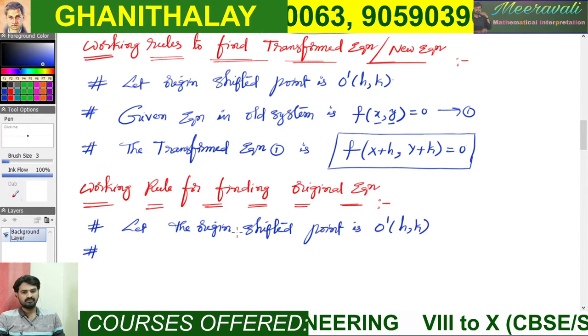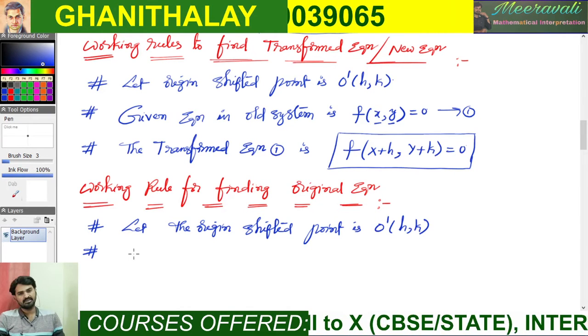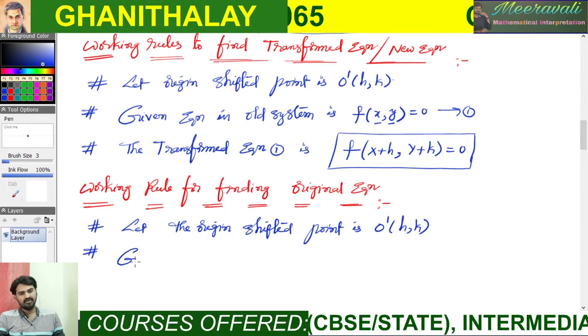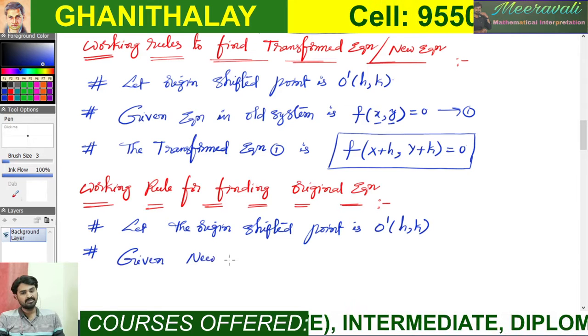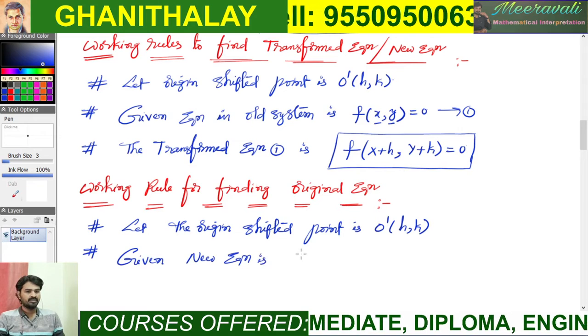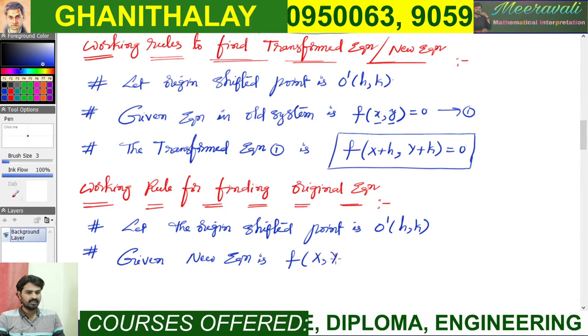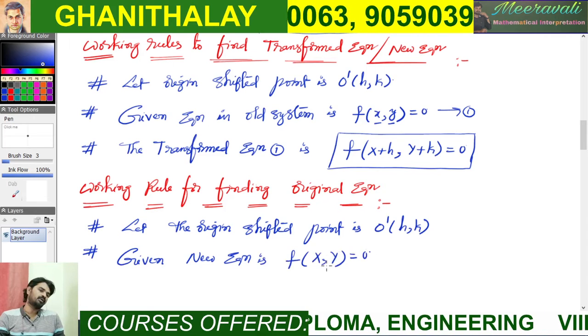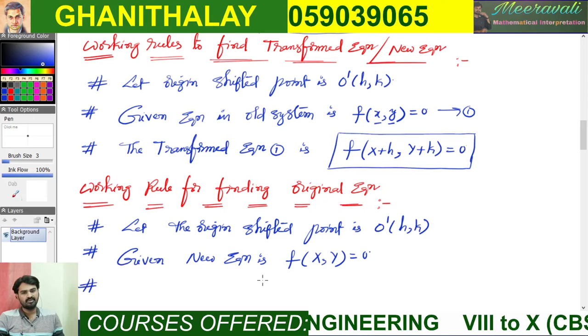Next one, so to find the original equation, the given problem has the new system equation. So the new system equation, that means transformed equation, is in terms of capital X and capital Y. New system problem can be taken in terms of capital X and capital Y, that you have to remember.